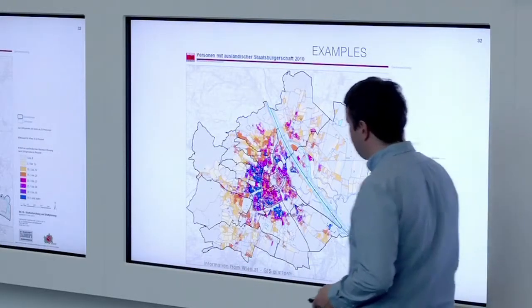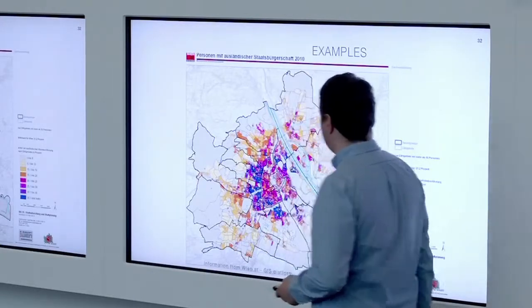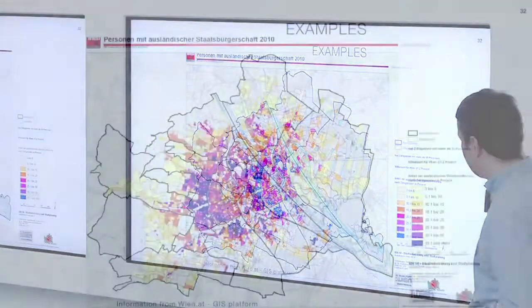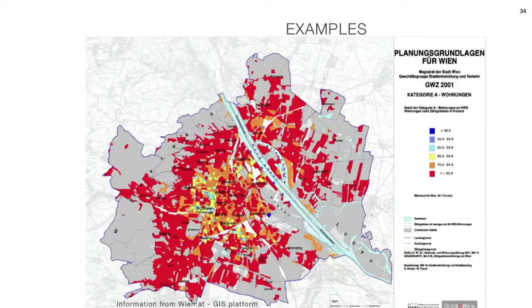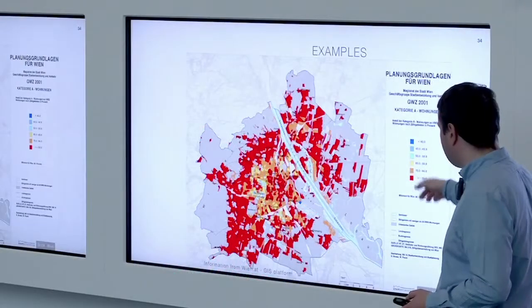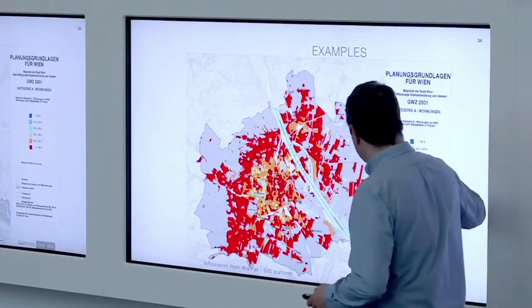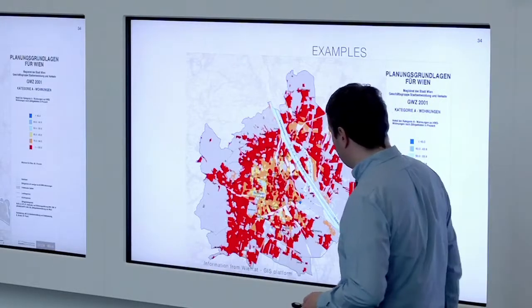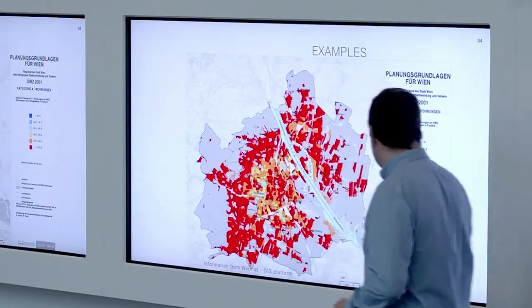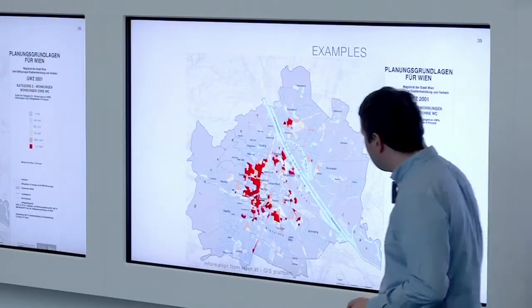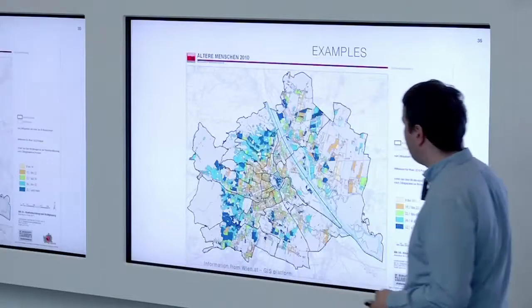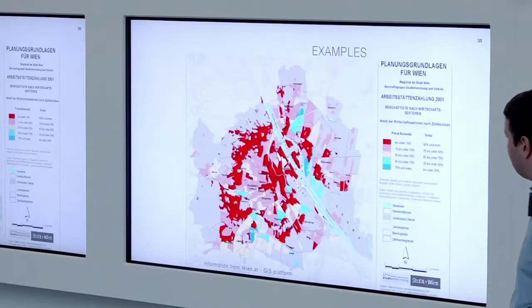And if you bring this into relation with the number of persons who are migrants, then it is very interesting as well. Maybe there are certain trends where you need to check for better integration, and also what the best categories for living are. For instance, category A in Vienna is highest standard housing, and then you have even lowest standard housing, and you can really compare different sheets together.